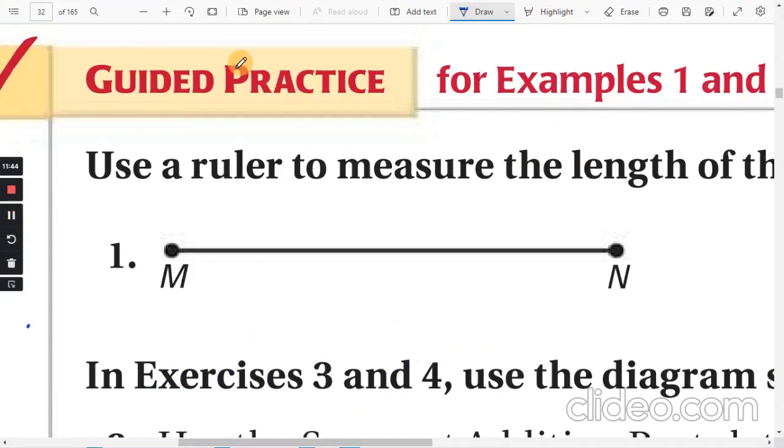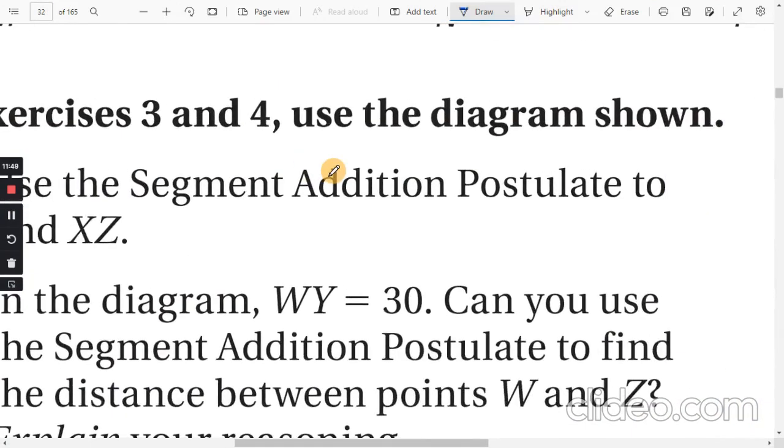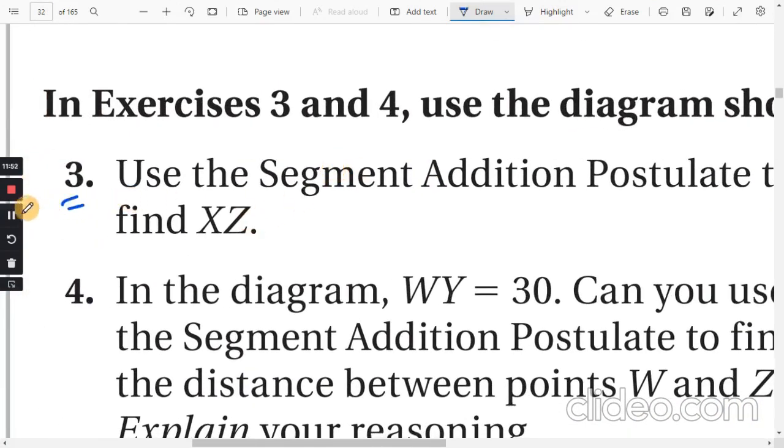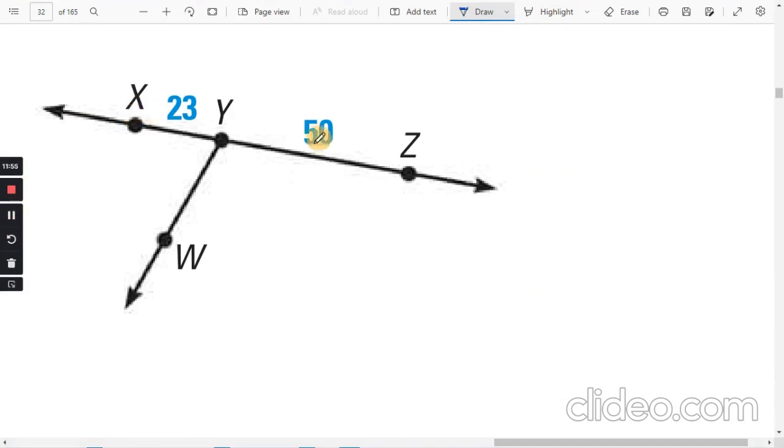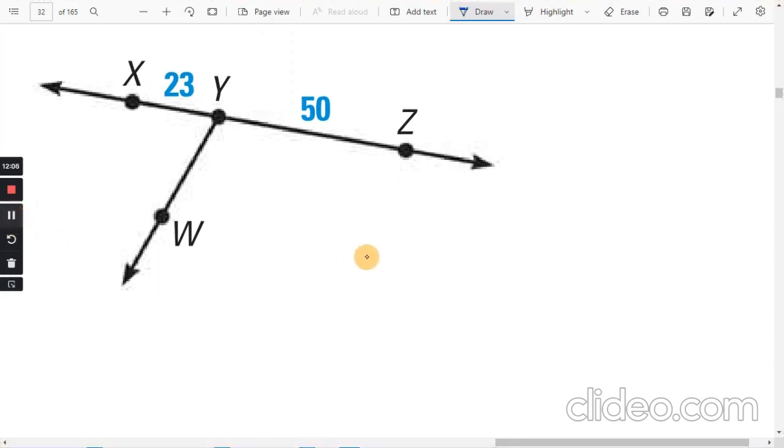Let's try guided practice problem number 3. It says use the segment addition postulate to find XZ. Let's take a look. See if you can find XZ, the distance from X to Z. And also, please don't just add. Please try to write a math formula as well. If we want to find XZ, we're going to have to add this piece, which is XY, and also this piece, which is YZ.